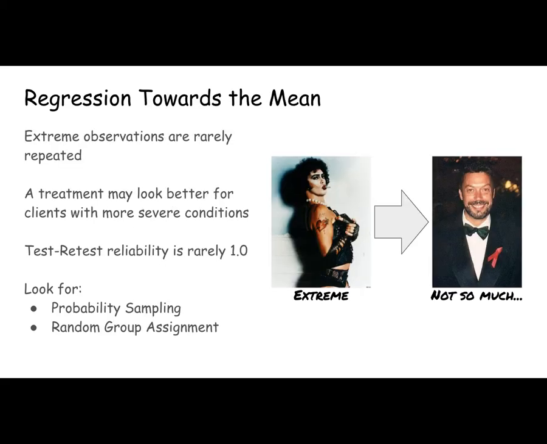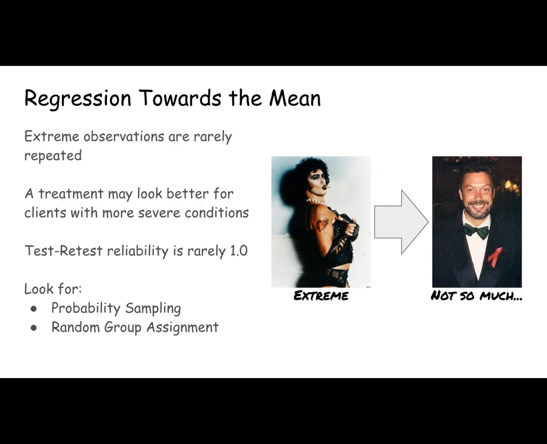Regression towards the mean is referring to this idea that extreme observations are rarely repeated. So if somebody does really, really well on a test or a measure, they're unlikely to repeat that. They're more likely to get a less extreme score.